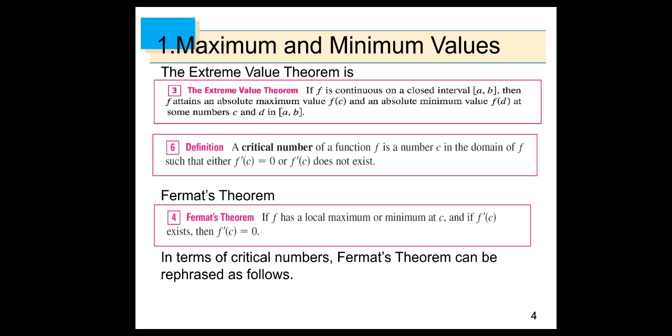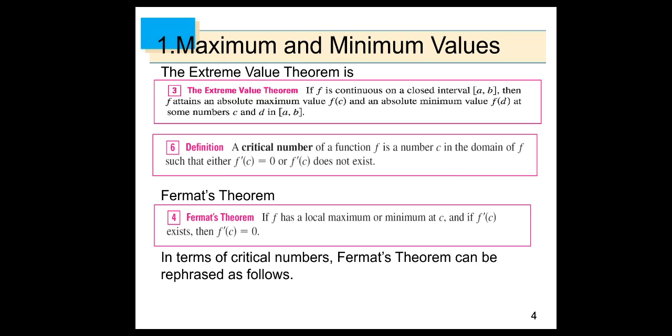All extreme values are critical points, but not all critical points are extreme values. Now, by definition, a critical number of a function f is a number c in the domain of the function such that f prime of c is equal to 0 or f prime of c does not exist.